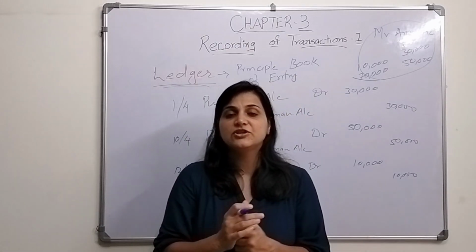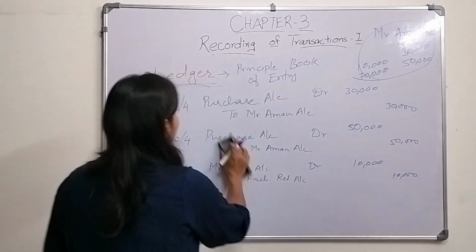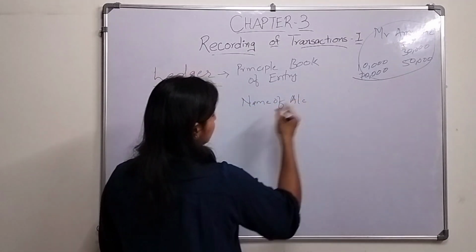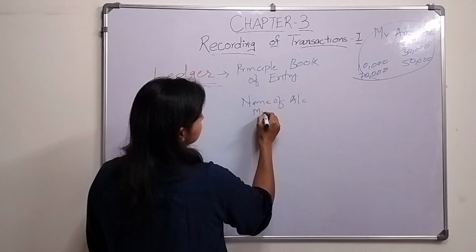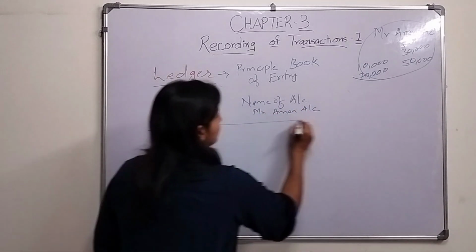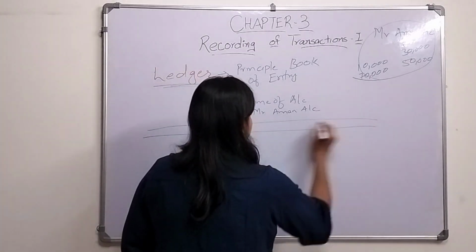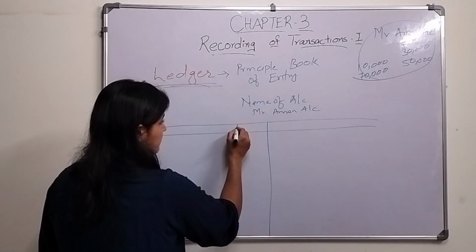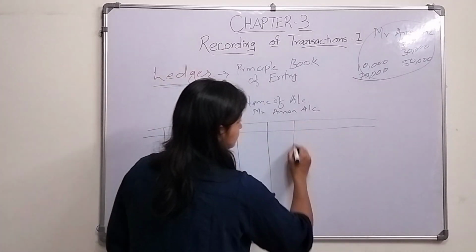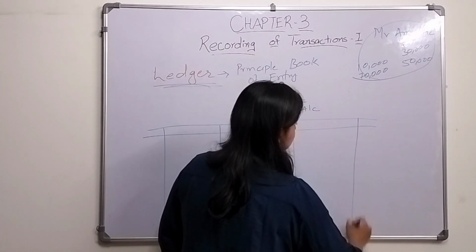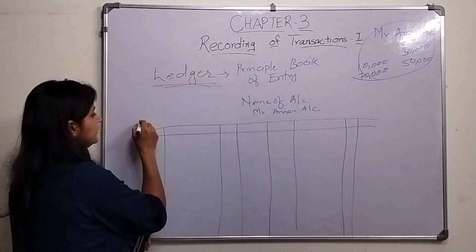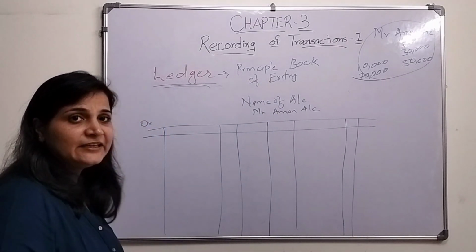Now how is the ledger account prepared? Let me give you a pro forma. We will write the name of the account, in this case Mr. Aman account, right? Whatever is being debited, it's a T format.